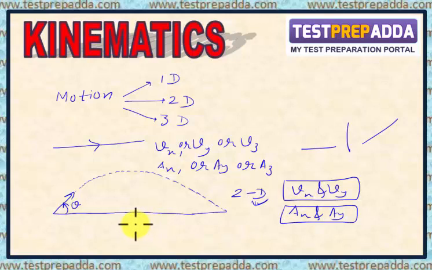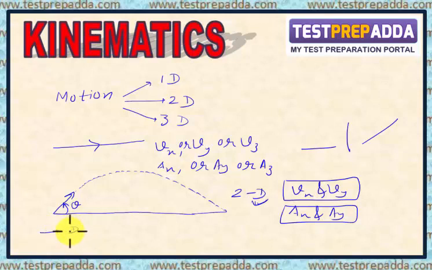Now, you must have seen the motion of a monkey. It is a three-dimensional motion. Here, velocity and acceleration are described by three components, along mutually perpendicular axes.